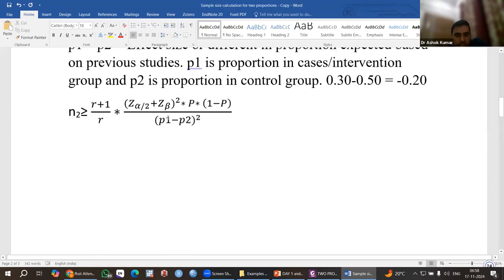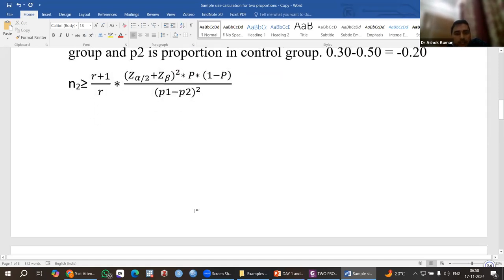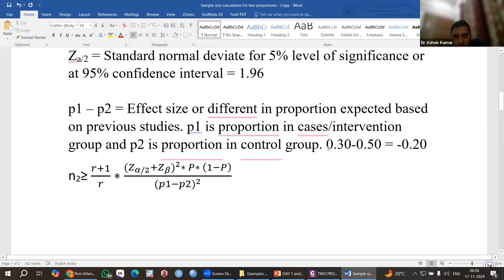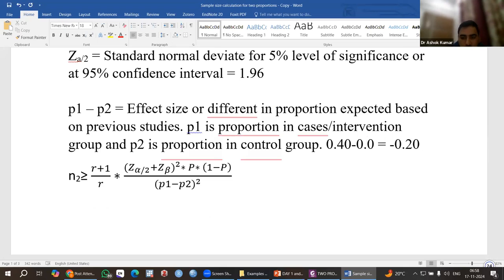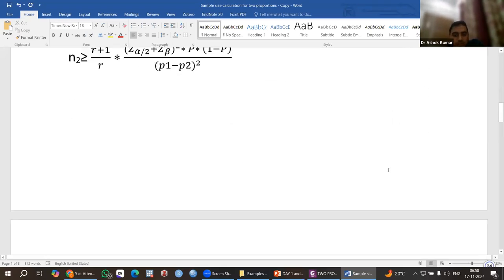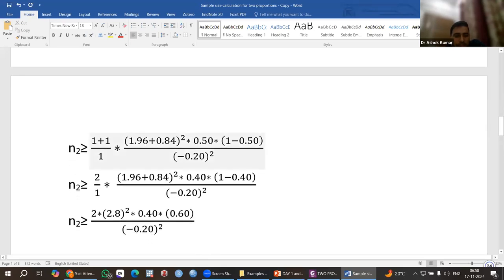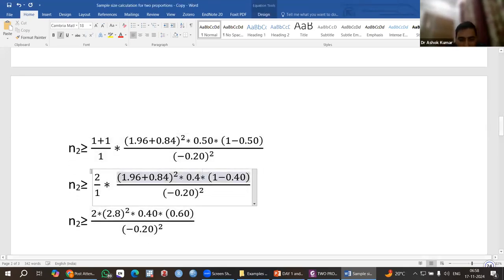This is P1, meaning 40%, 0.40, minus P2, which is 60%, 0.60. So here we can write 40 and 60. So it is minus 0.20. Then again it is coming similar. Very good, no issue. So the problem is like here. We have to change only this thing. Then we can calculate sample size.